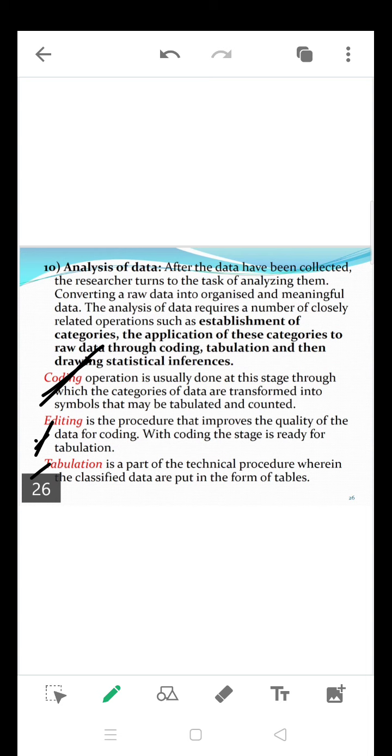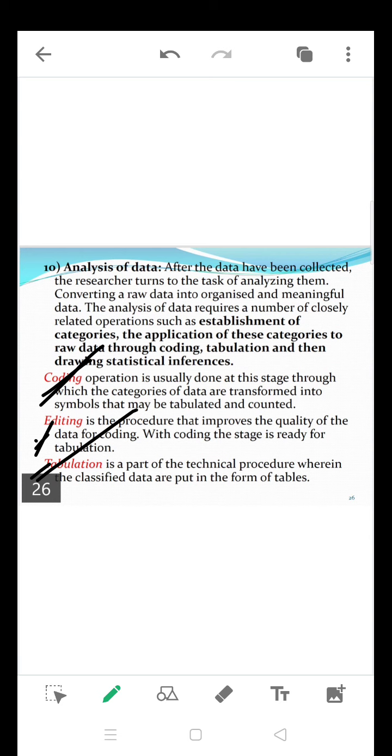And once coding and editing are done, the raw data are organized in a meaningful way. So tabulation is a part of the technical procedure wherein the classified data are put into the form of tables. We are going to represent the data in tabular format. So this is the analysis of the data.